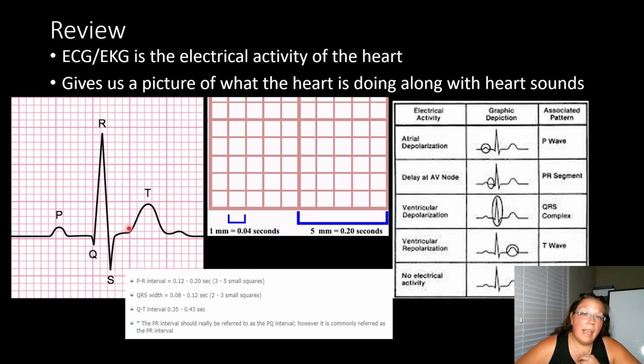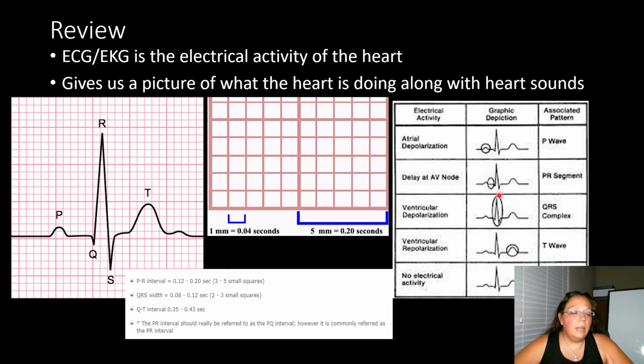That means that you may have, or you do have, some ischemia going on in your heart. The other thing is amplitude. The higher these waves are from the isoelectric line of the heart, the more amplitude that electrical activity has.